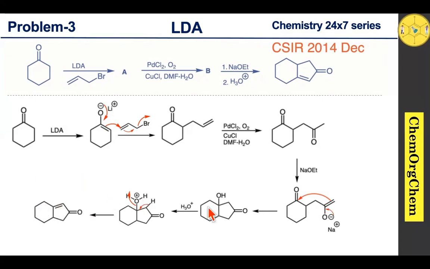This particular step is called intramolecular Aldol reaction. In this way, one single question covers a series of topics. The first one is LDA, the second one is SN2 prime mechanism, the third one is Wacker oxidation, and the fourth one is intramolecular Aldol reaction.